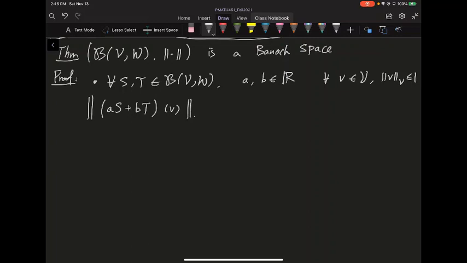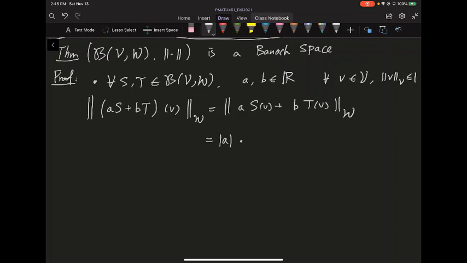So let's test it on this v. All right, this is really simple. Everything is linear, so by definition, this linear combination of the operators is just A times S of v plus B times T of v. You can use the triangle inequality, break it into two, and A and B are scalars, so you can pull them out.